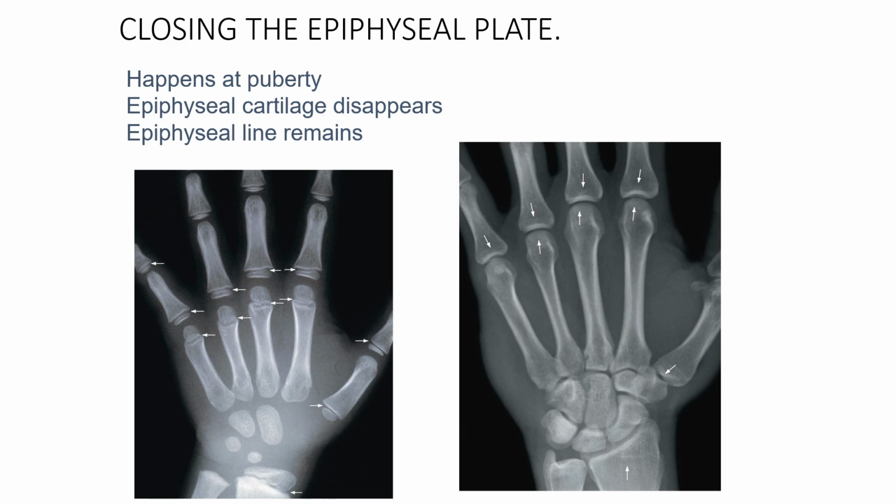But once the plate closes, the epiphyseal line is made of all compact bone, and there is no space. So this is why we call open plates to denote growth and closed plates to indicate that growth has ceased.